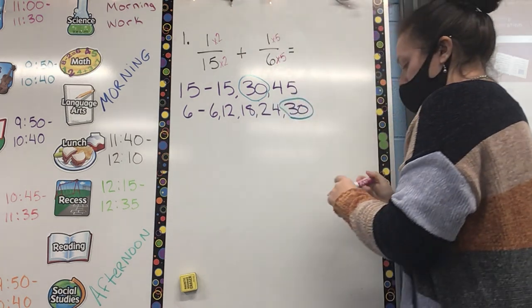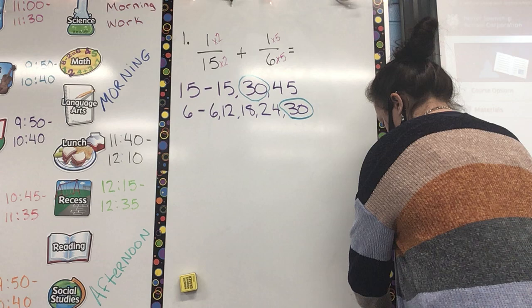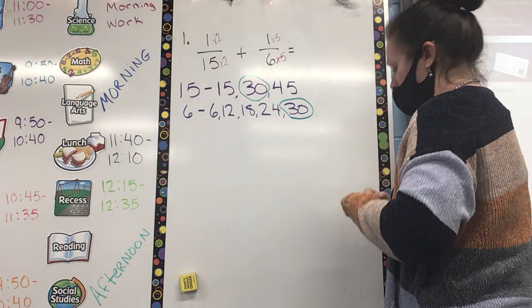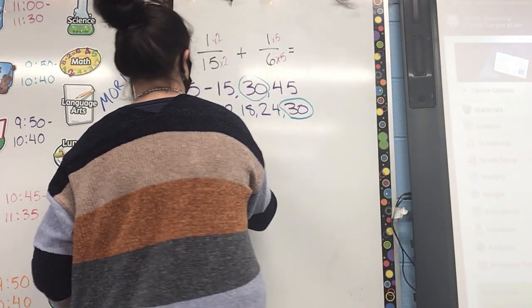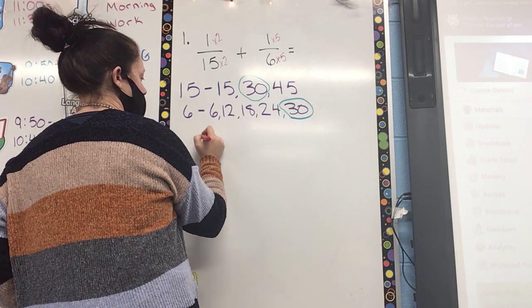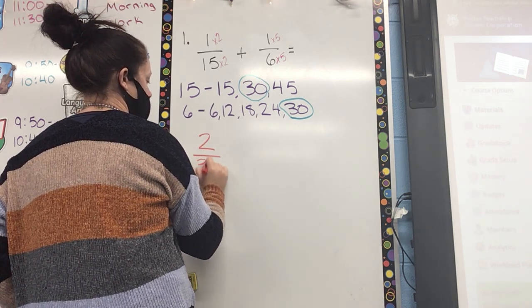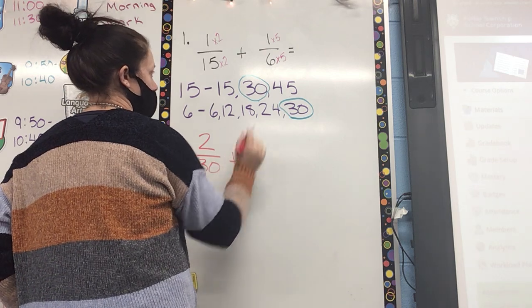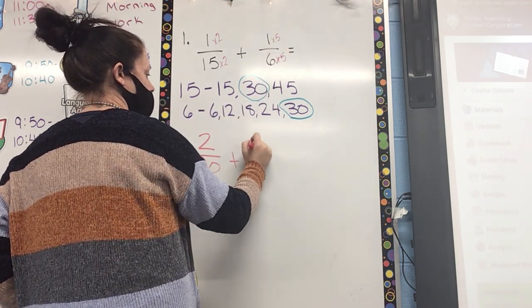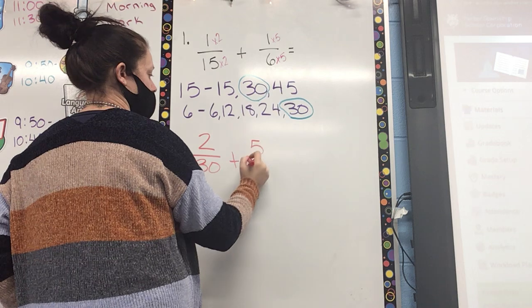All right, so let's rewrite my new fractions here. I've got 1 times 2 is 2, 15 times 2, we said 30. Plus 1 times 5, 6 times 5.